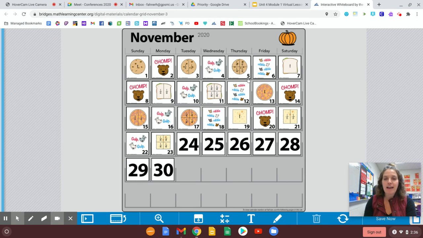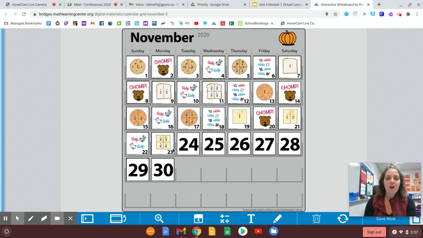So let's go to number 5. Can everybody see number 5? Great. So there is one whole cookie, but how many pieces is that cookie broken into? It's broken into 4 pieces. So we would say that one of these pieces is one piece out of all 4 pieces, or 1/4.